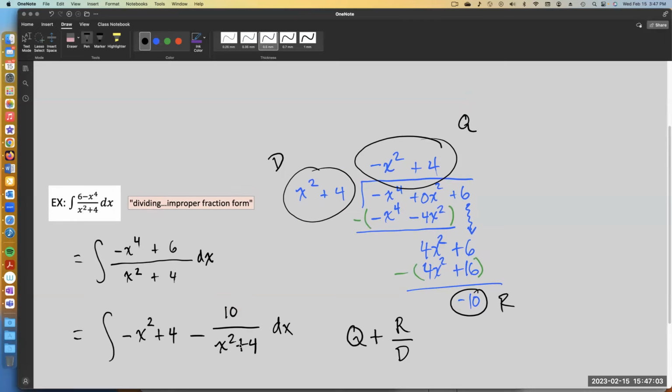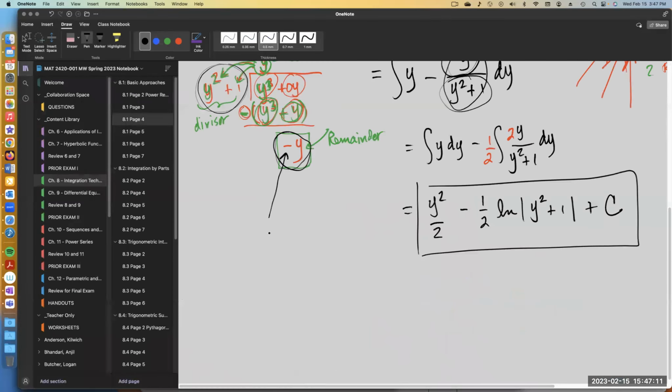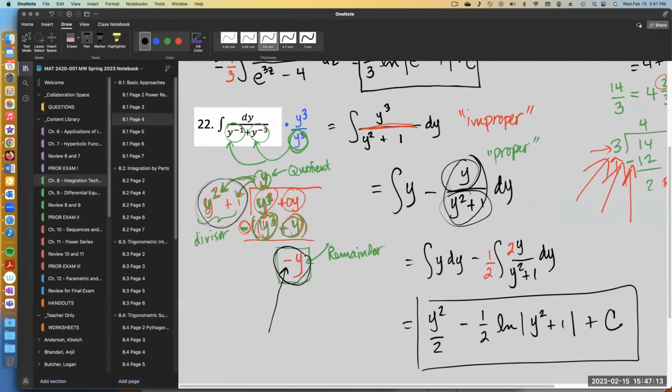No. Because this is the divisor. That has no minus in it. And that's what's down here. Let's go back and look at the other one. Oh, no. Never mind. Sorry. I know what you're saying. Yeah, here, this remainder was negative, and so that's what that negative is here. You can think of this as plus and put the minus up there. But we would usually drag it out to the front.